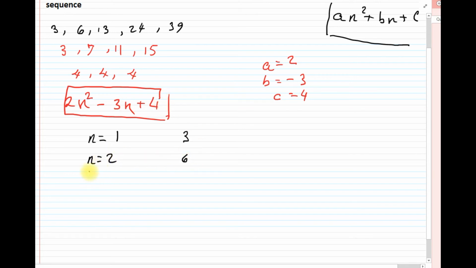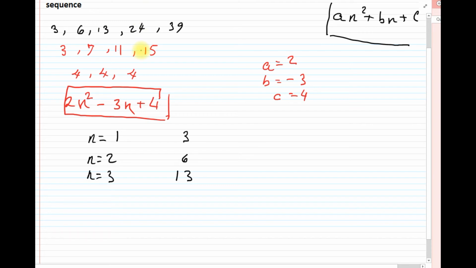And for n equals 3, I'll get 3 squared, which is 9 times 2 is 18. Here I have 3 times 3, which is minus 9. So 18 minus 9 is 9, plus 4 is 13. So we can see that our sequence generates the terms in our original sequence.